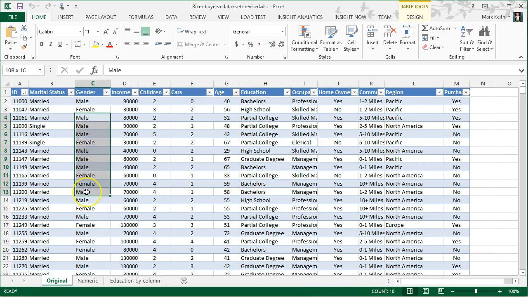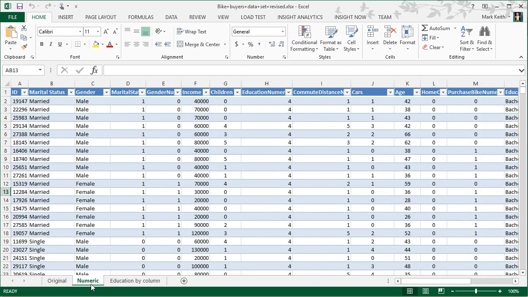To do that, the data has to be in numeric format. So male, female, married, single, education, these things won't work. So what I've done is created another tab here, a worksheet called numeric, where I've converted several of these variables to number form. Those variables that have only two values, like gender and marital status, we can easily convert to just a 0 or a 1.